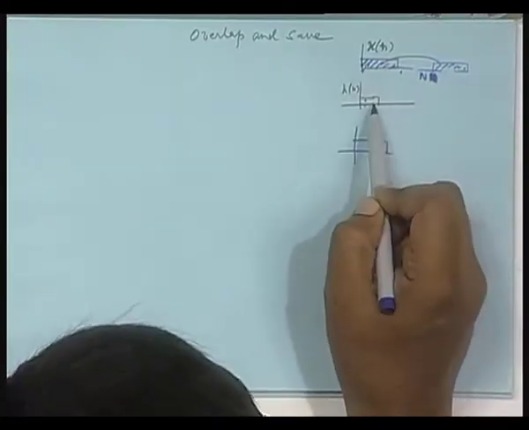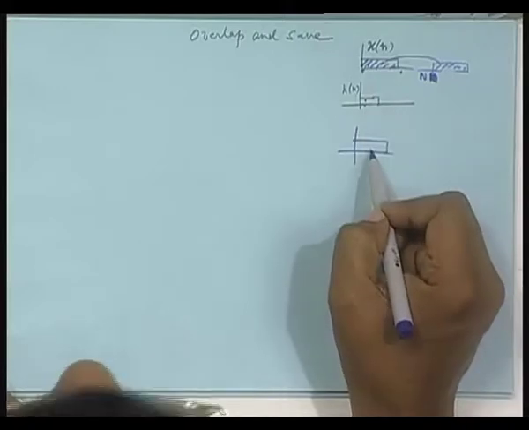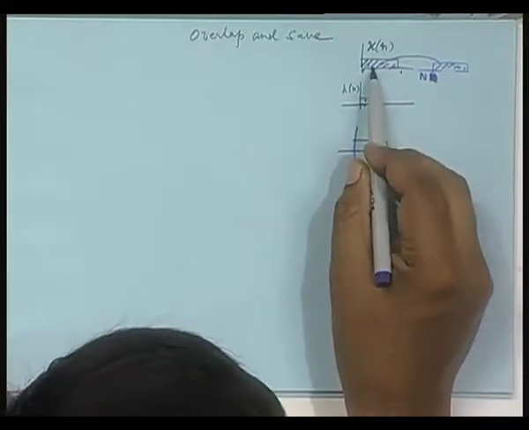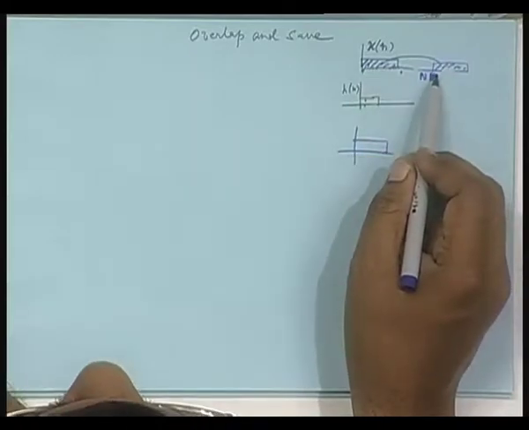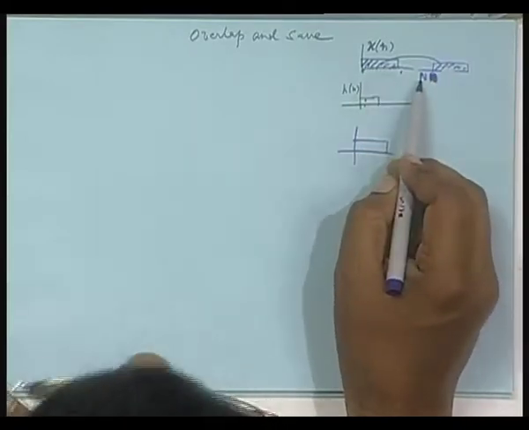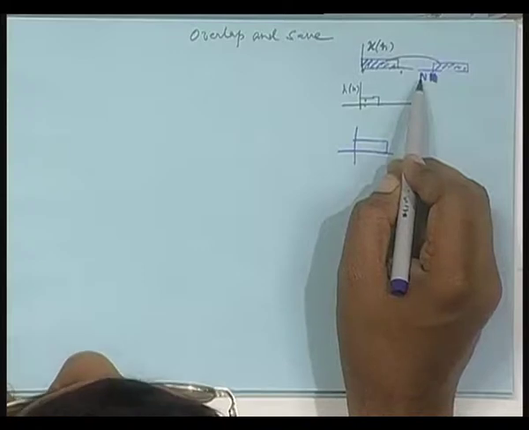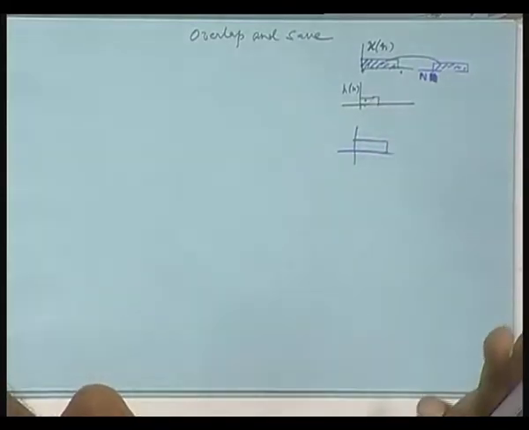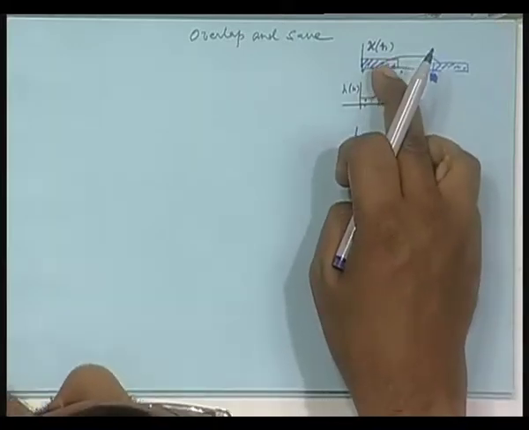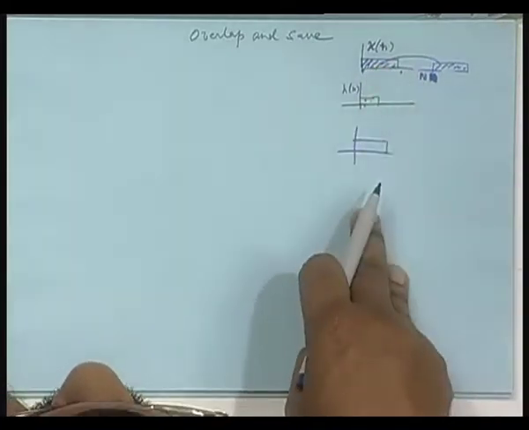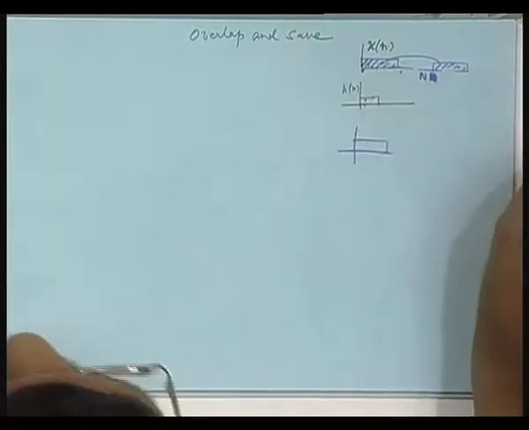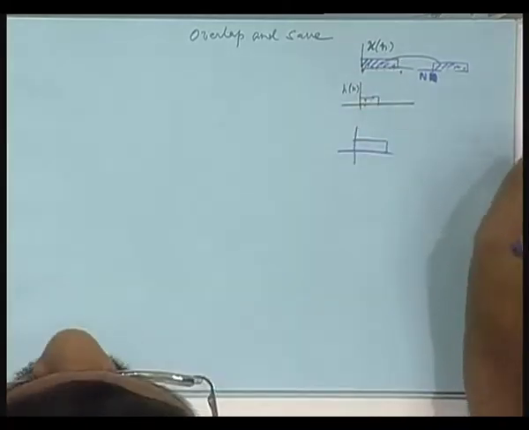Z transform of this into Z transform of this is the Z transform of the output. What I am doing here is delaying it by capital N. So, same Z transform multiplied by Z to the power minus N. Now, Z to the power minus N you keep aside. Again Z transform of this into Z transform of this is the same output, multiplied by Z to the power minus N, which means this output will be shifted by capital N. So, Z domain is very easy to work out.